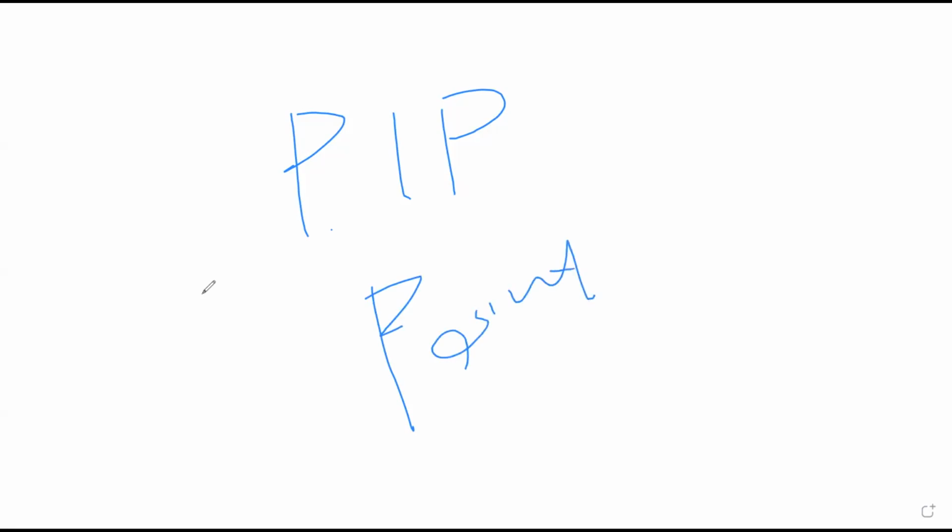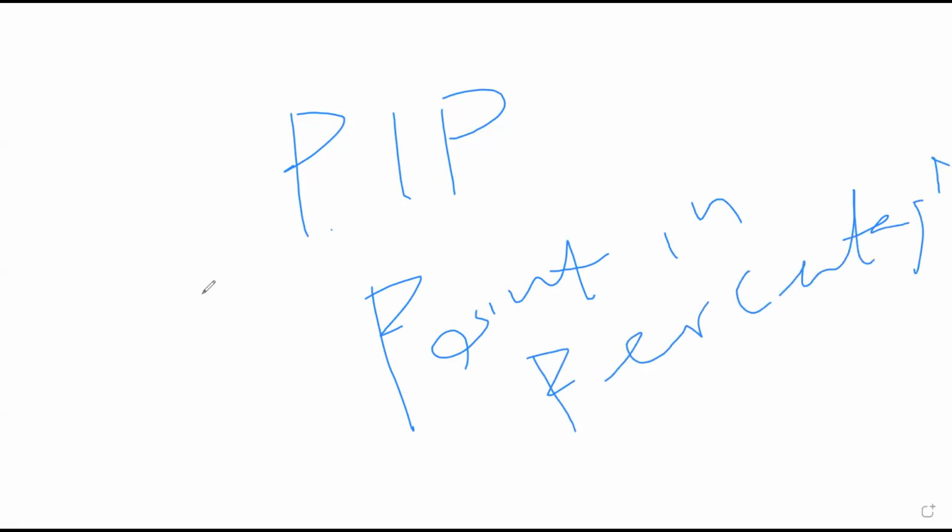Point in percentage. So that's PIP, point in percentage. The price, what we trade with, is price movement, all right? Price movement. Let me show you something.